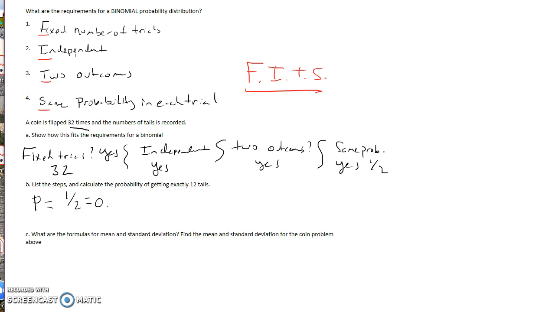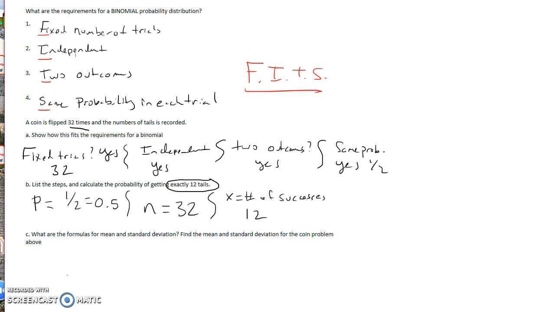It's 1 out of 2 or 0.5, right? N corresponds to the number of trials. How many trials do we have? 32. And then finally, X equals the number of successes. How many successes do we want? It says find the probability of getting exactly 12 tails. So we're going to use 12 here.